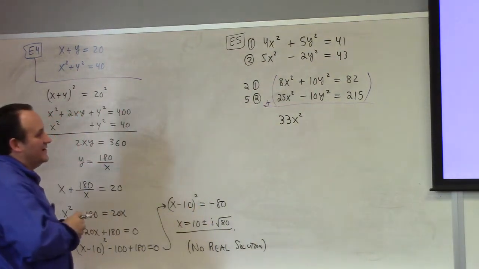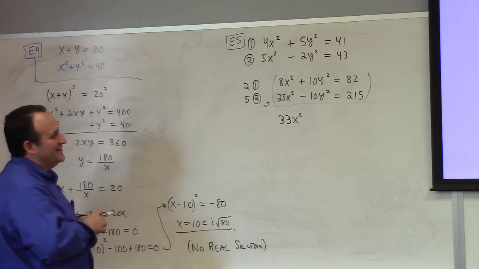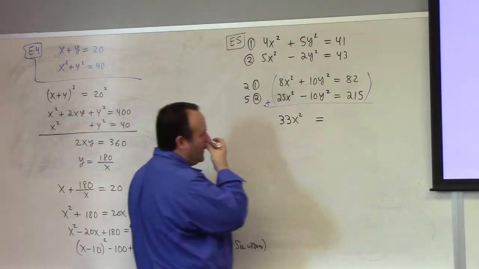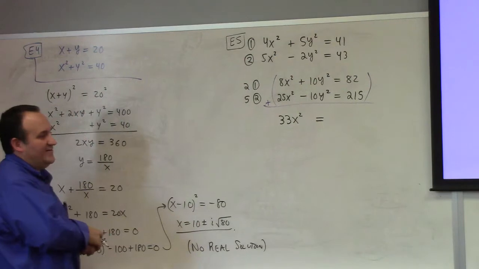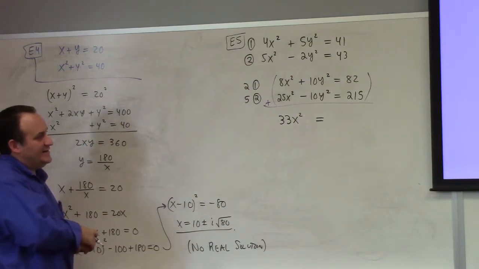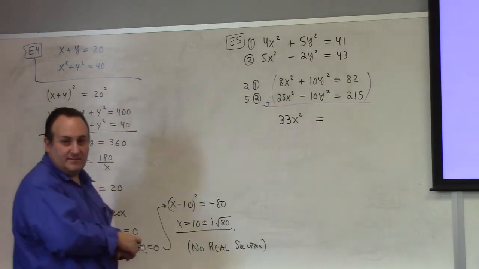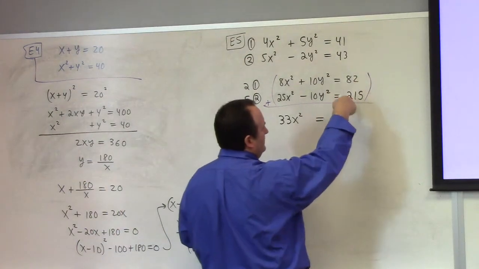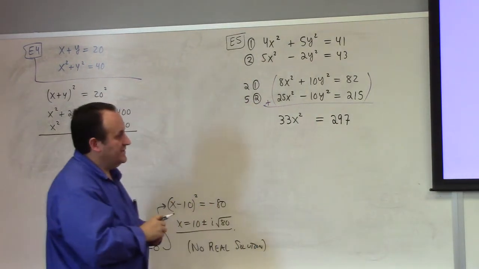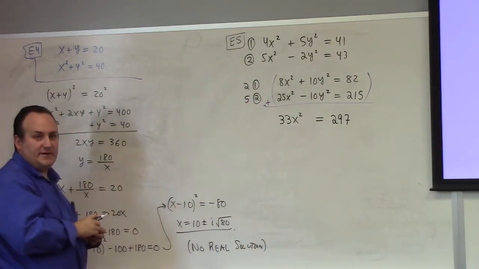All right. 33x squared equals what? That gives me hope for your generation. All right, so let's see here. 290, 297, yeah? Is that right? Did I add right? And then what?